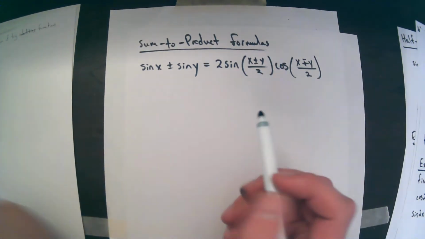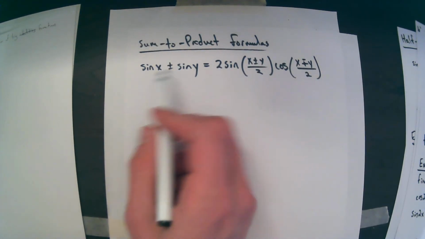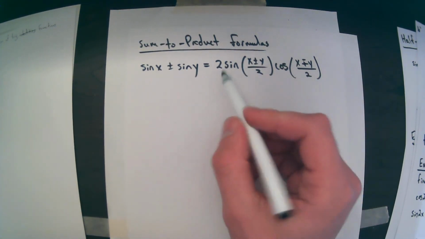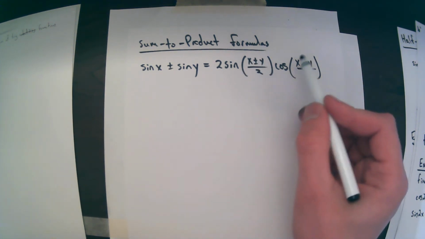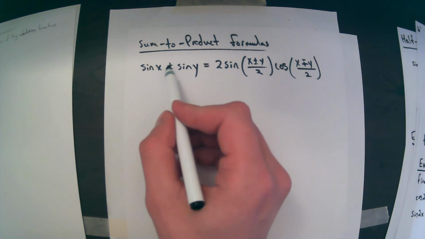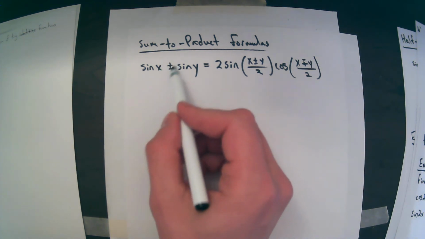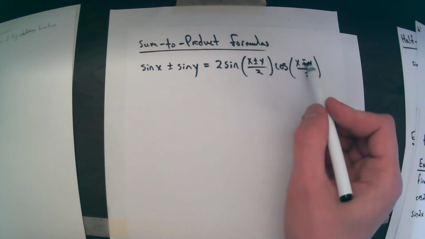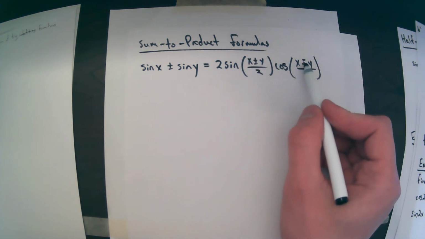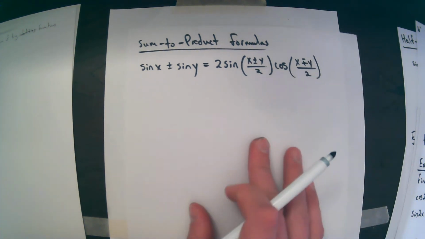So if I have a sum of two sines with different inputs, then I'll have 2 times sine of (x plus y) over 2 times cosine of (x minus y) over 2. The sign here, the plus or minus, matches in here, and it does not match in here. That's what the minus plus means.